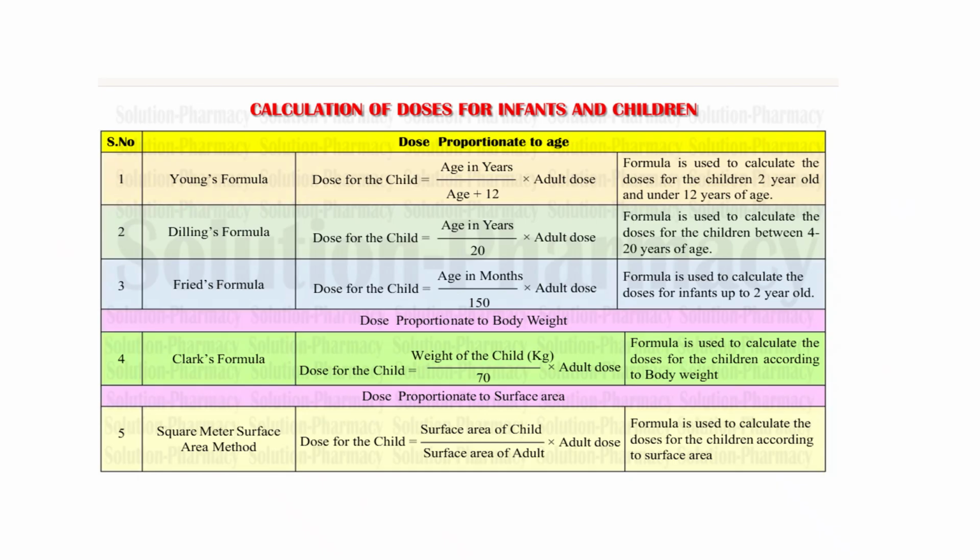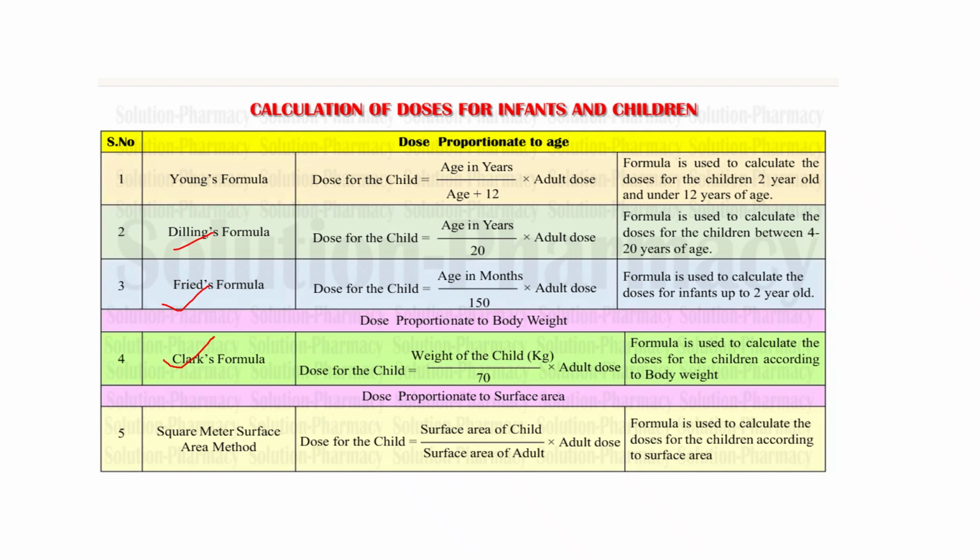Now we are going to discuss dose calculation. Different dose calculations are there. You know Young's formula, Dilling's formula, Fried's formula, Clark's formula, and square meter surface area. Usually we get questions from Dilling's method, Fried's and Clark's.